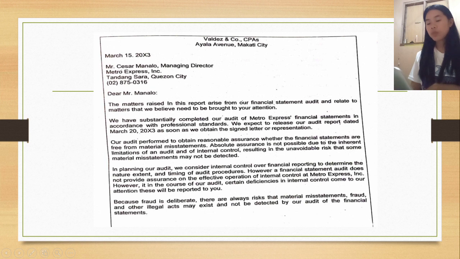At the top part, in the middle, you should put the company's name, for example Valdez and Corporation CPAs, Ayala Avenue, Makati City. Ayala Avenue, Makati City is their company address.